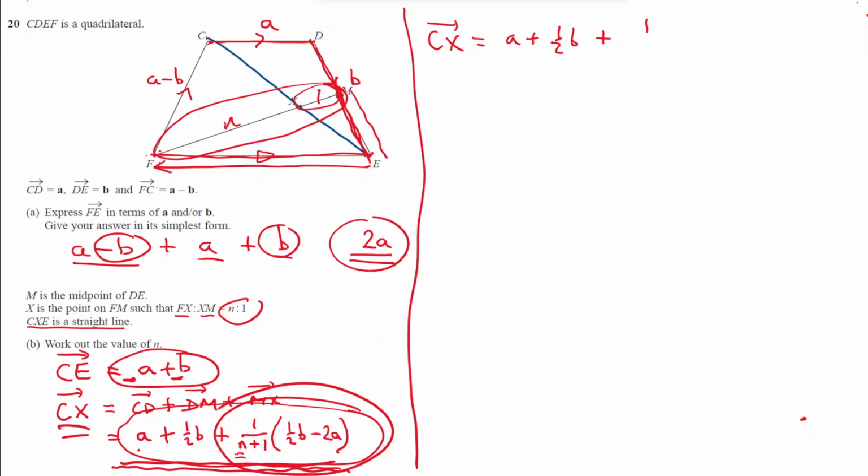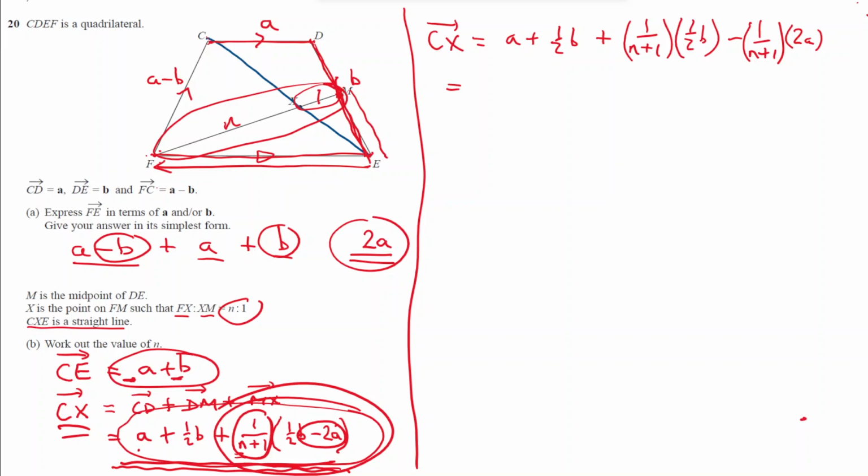So we have 1 over n plus 1 multiplied by the half b, minus 1 over n plus 1 times 2a. So I've basically multiplied 1 over n plus 1 by negative 2a. So it's minus 1 over n plus 1 lots of 2a.